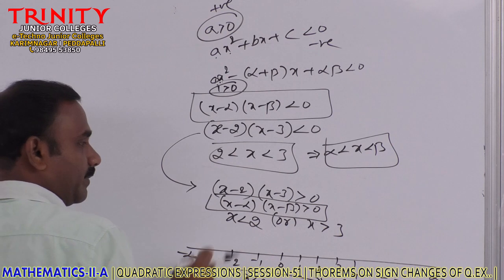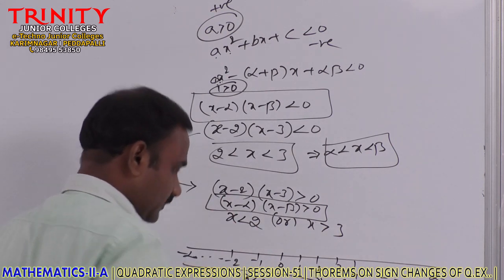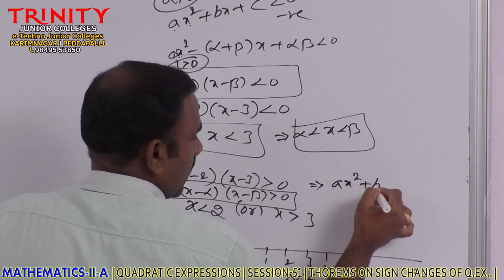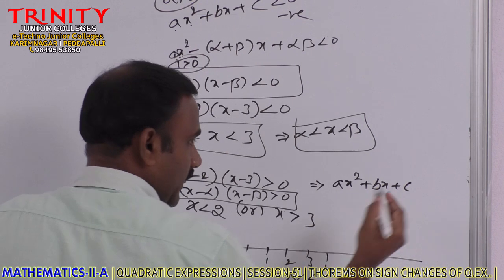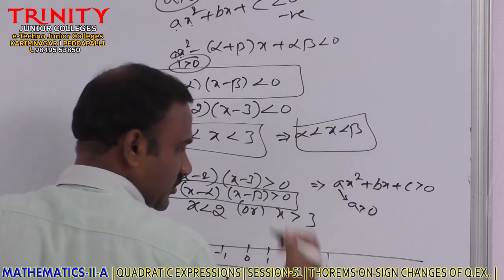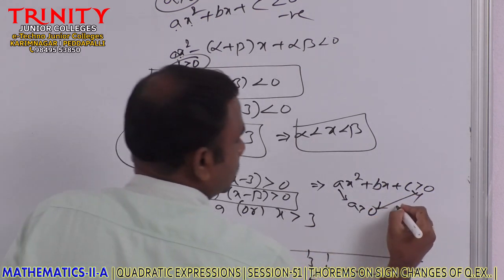Coming to (x minus alpha) into (x minus beta) greater than 0, here it is in the form ax square plus bx plus c greater than 0, and the x square coefficient a is also greater than 0. Both are positive, which means same sign.